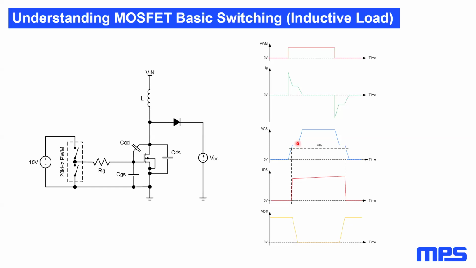This is accomplished by charging the CGS and the CGD capacitors. The gate current is now split between these two components. While these two capacitors are being charged, the drain current is still constant, and the drain to source voltage is slightly decreasing as the on resistance of the device is being reduced.